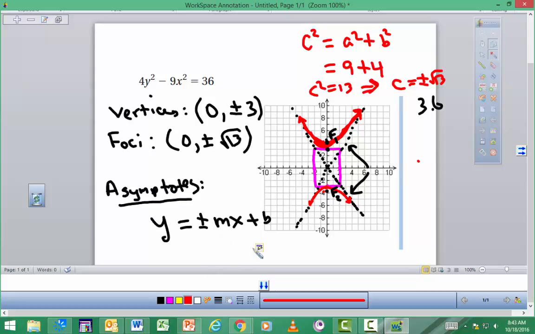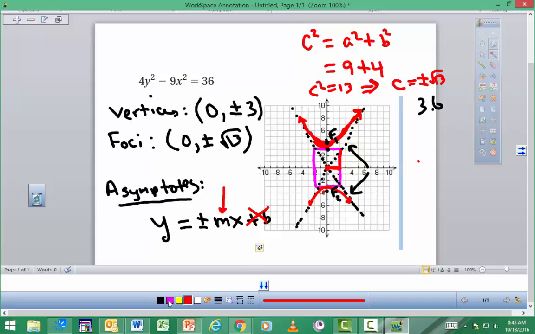Well, in this case, since the asymptotes go through the origin right there, there is no b part. So all you have to do is figure out the slope. If you look at the box itself, you can calculate the slope. Here you go this way, and here you go this way. There's your slope right there.